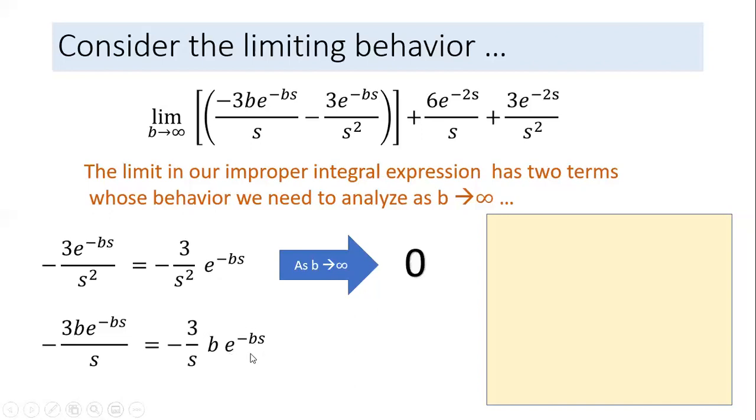And as part of our theory about the growth rates of functions, and you can prove this using L'Hopital's rule, it turns out that in terms of their rates of change, this exponential function is approaching 0 so rapidly that the product of b times e to the minus bs is indeed going to go to 0 in the limit, because the decay rate of e to the minus bs overpowers the growth rate of the polynomial b.